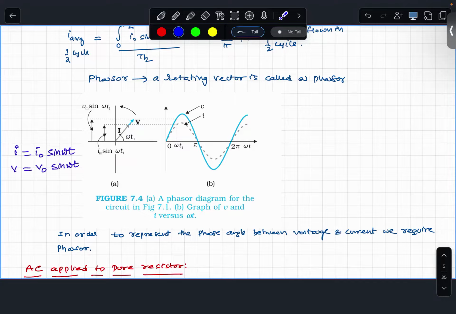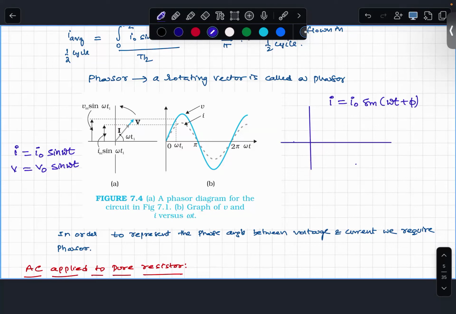Any doubts on this? For example, if your situation is like this, I is equal to I naught sine omega t plus phi. Remember, assuming phi is positive, this is phi.